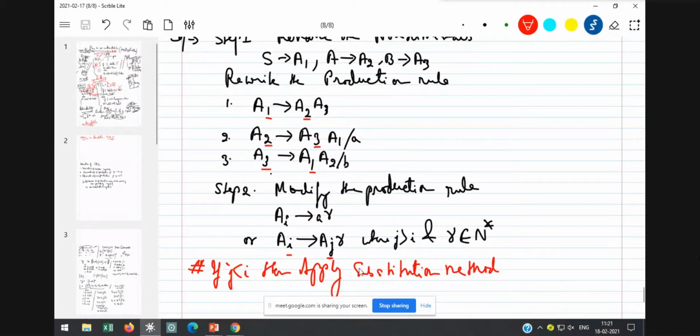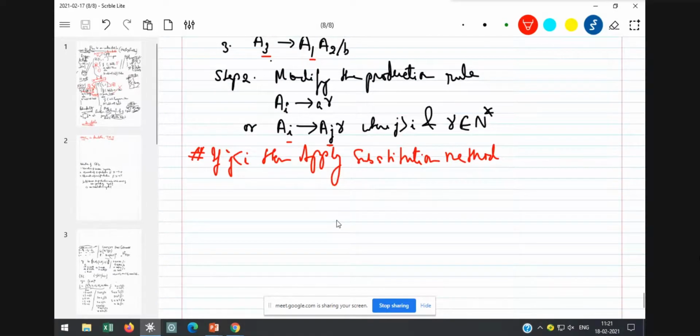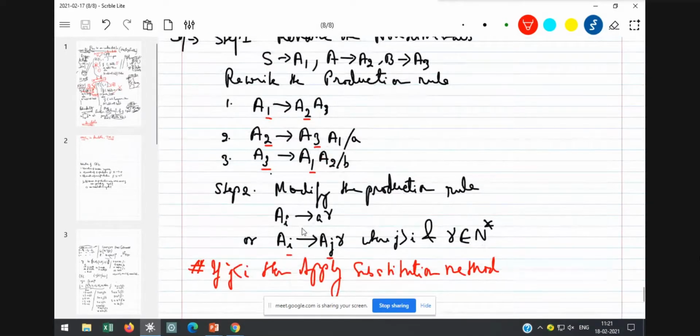Now, let me apply substitution method. Which particular production rule is violating step number 2 format is production rule number 3.